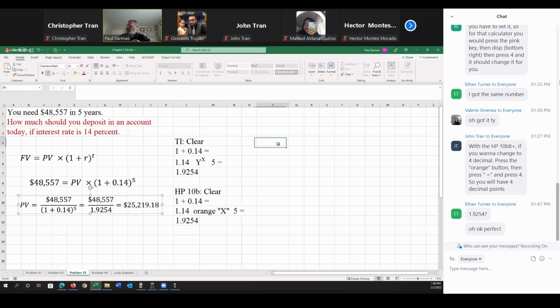Okay, but you have paid good money, hard-earned money to buy a financial calculator. So you want to use the financial function key. So you will do 48,557 as usual. You change the sign.